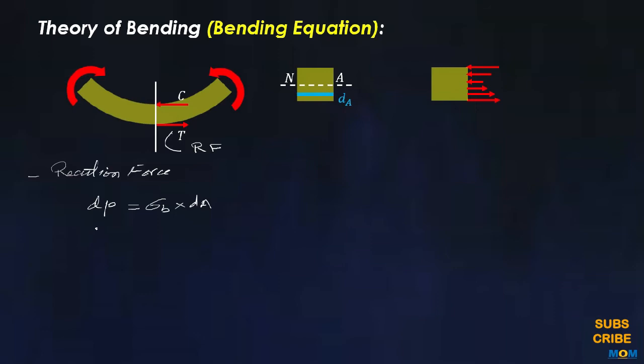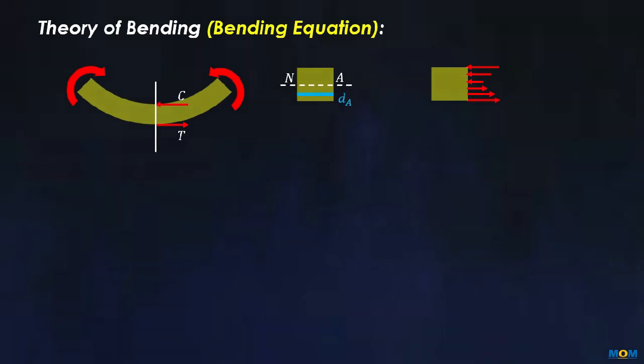Here dP is the reaction force which is causing the resisting moment. Now we can write the resisting moment as dm is equal to dP into y. So the moment offered by the beam material to resist the bending in response to the external bending.